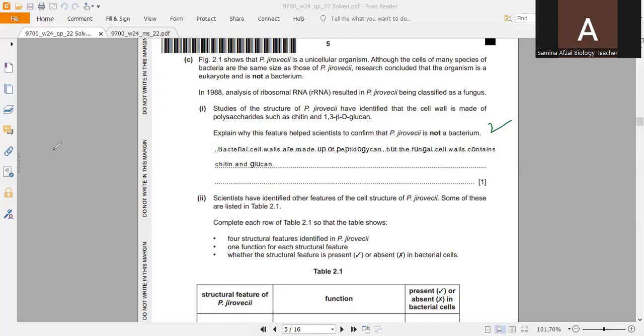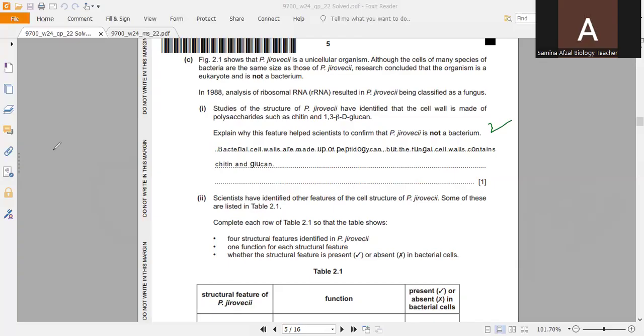Why? The cell wall is a rigid layer outside the cell membrane that provides structural support and protection. Its composition is a major distinguishing factor between different organisms. Chitin is a strong, flexible polysaccharide found in the cell walls of fungi and some other organisms, for example insects and crustaceans.